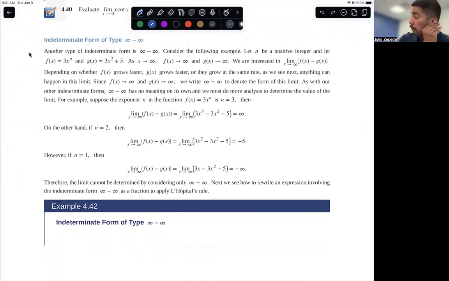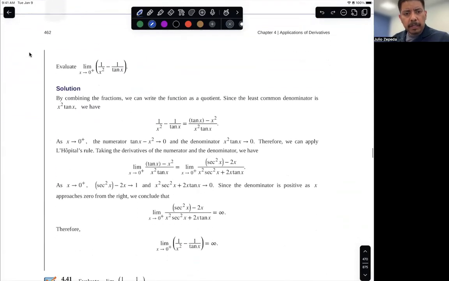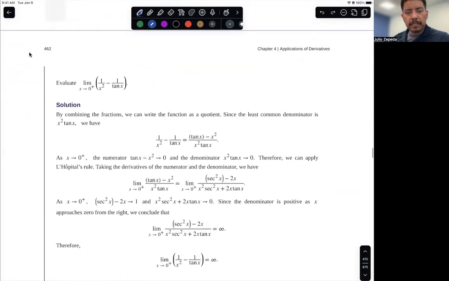Another indeterminate form would be infinity minus infinity. And here, maybe we'll just read it very quickly. Here we can look at this problem and see that as x approaches 0 from the right, 1 over x squared, we know what that looks like. That looks like this.